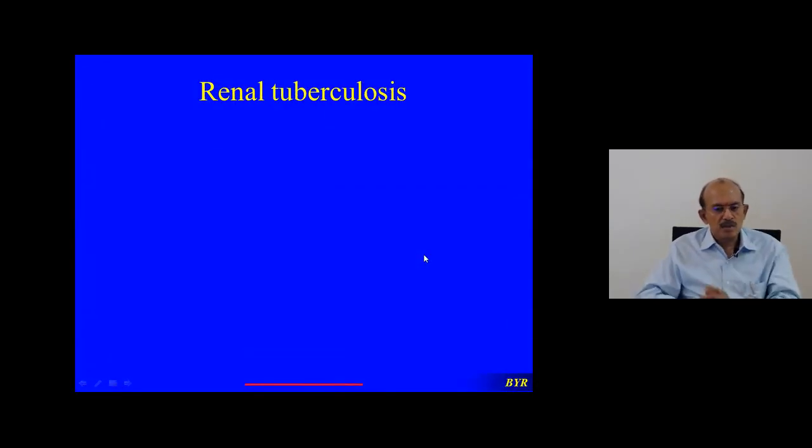Then renal tuberculosis. So Santi has a doubt. In renal carbuncle, how will Staphylococcus spread hematogenously? Staphylococcus or Streptococcus or any bacteria can spread into the capillaries. So once they enter the capillaries, they can get hematogenous spread.